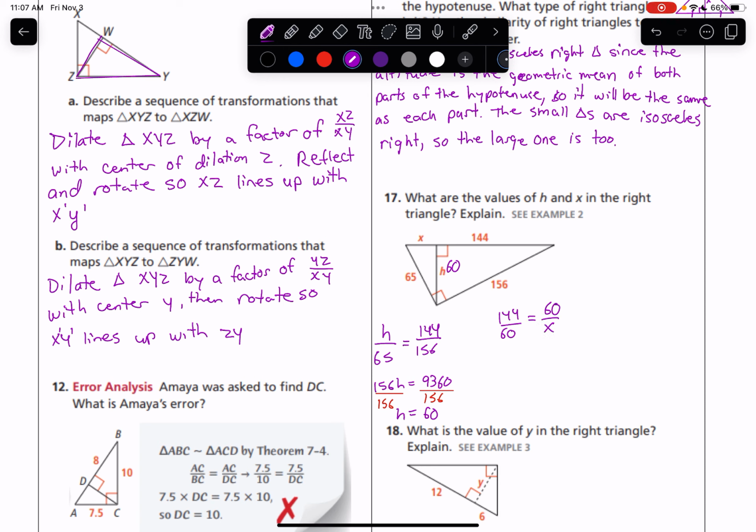So I cross multiply, 144x equals 3,600, right? 60 times 60, let me check. Yep. And then I'm going to divide both sides by 144. And I find that x equals 25. There we go. Those are our two values.